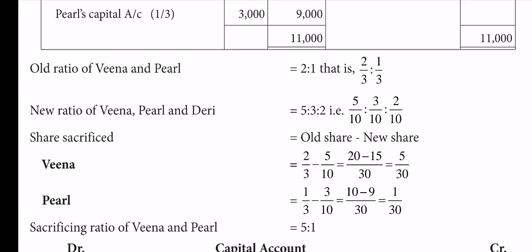The second partner's sacrificing ratio is 1/3 minus 3/10. The common factor is 30: 10 ones are 10, 3 threes are 9. Therefore 10 minus 9, 1/30. So the sacrificing ratio of Veena to PL is 5:1. Do you understand? Good. Now we can start the capital account.